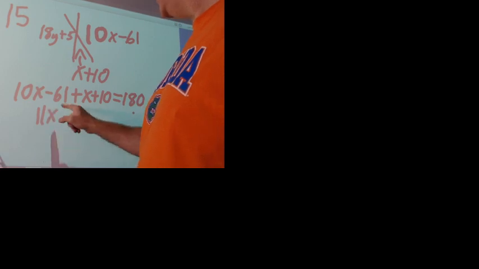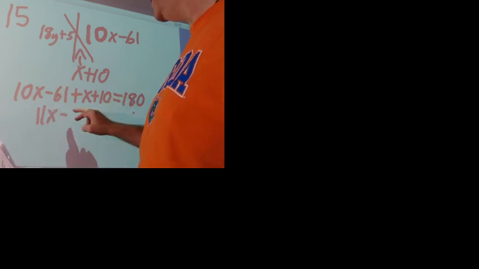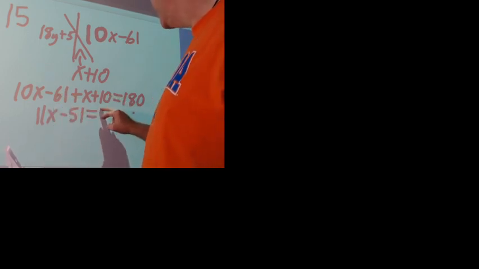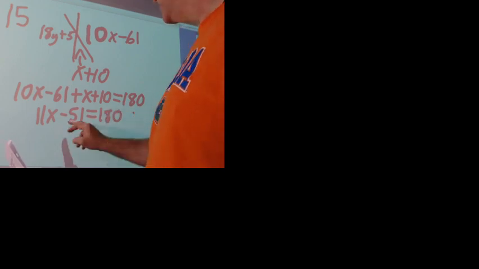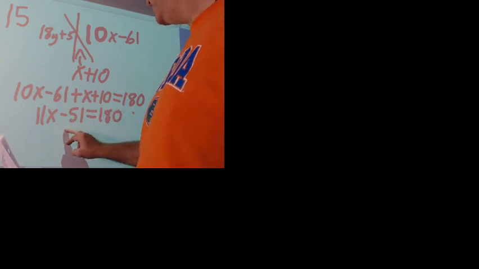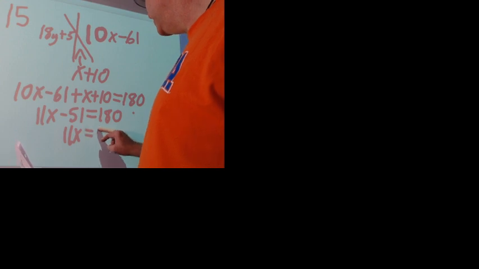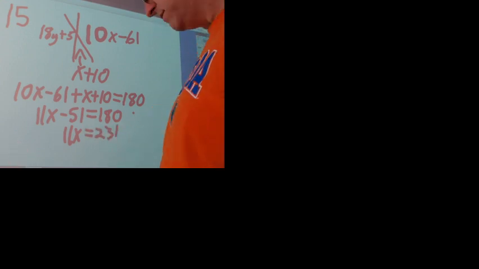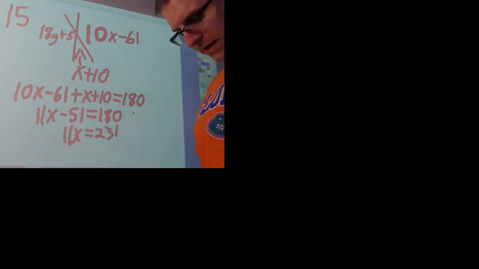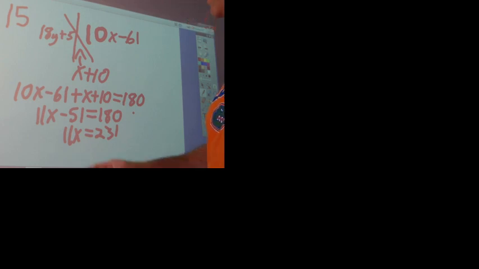That's going to be 11x, negative 61 plus 10 is minus 51, equals 180. Add 51 to both sides, and now I have 11x is equal to 231. Let me make sure I did that right. Yeah, x is 21.